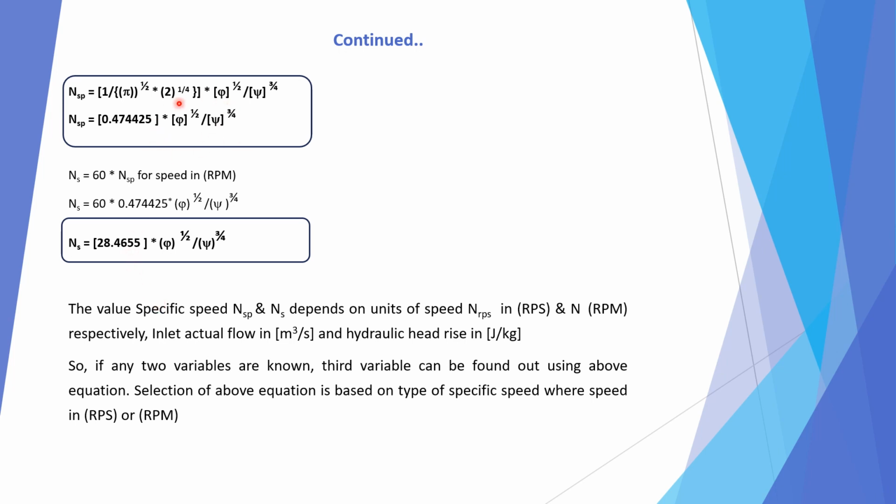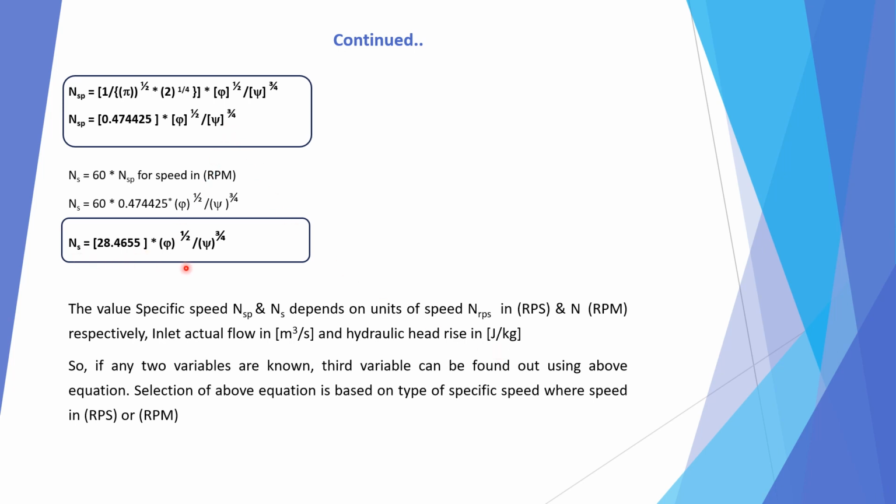So we now have two relations: one for specific speed when speed is in RPS, so you can use this, and when speed is in RPM, you can use this, where phi is a constant and psi is a constant. If you use the first, the flow will be in meter cube per second and head rise will be joule per kg.